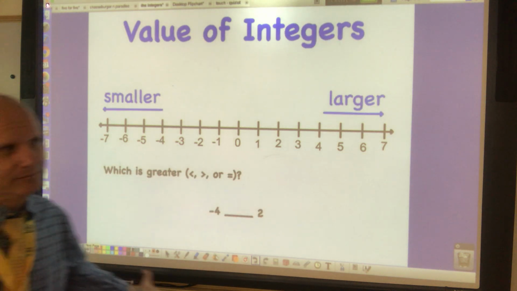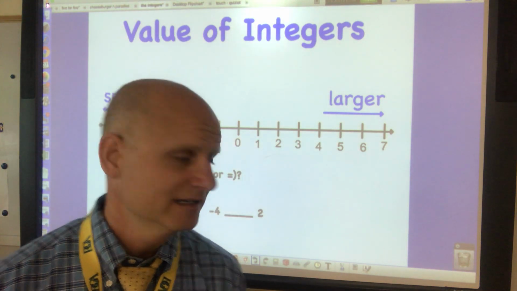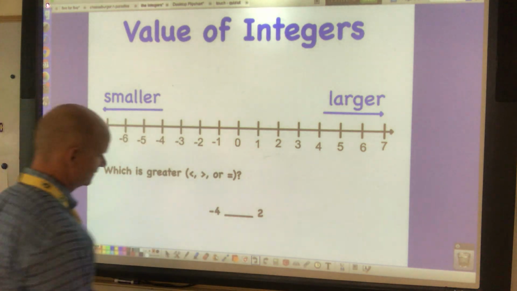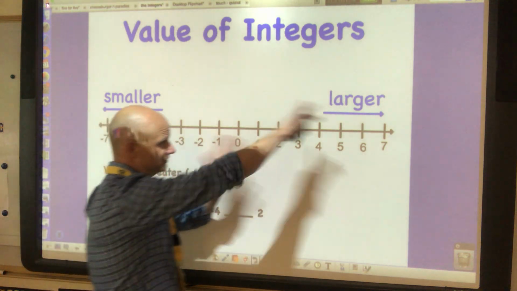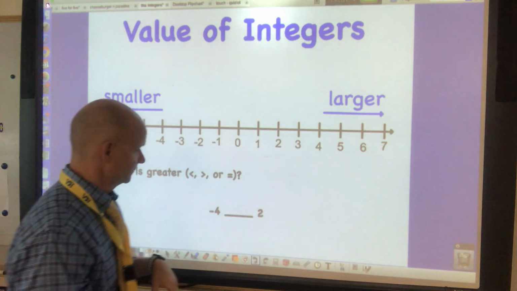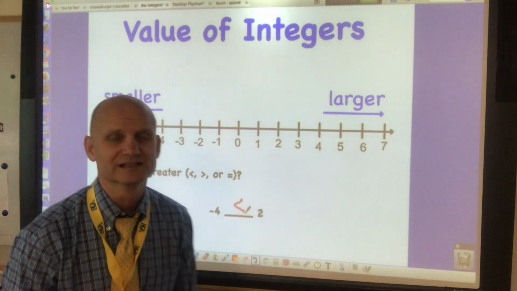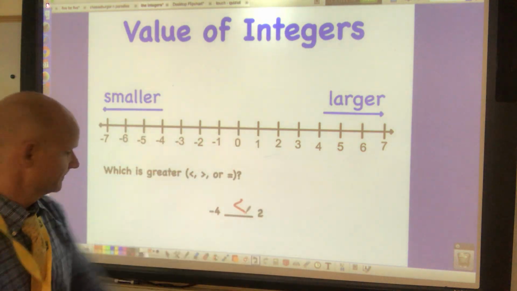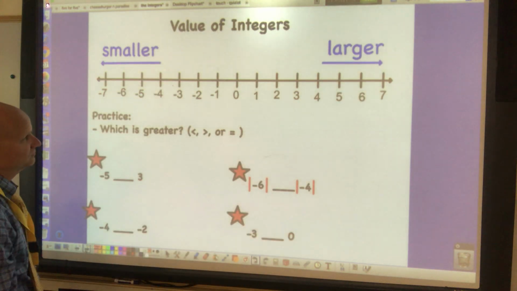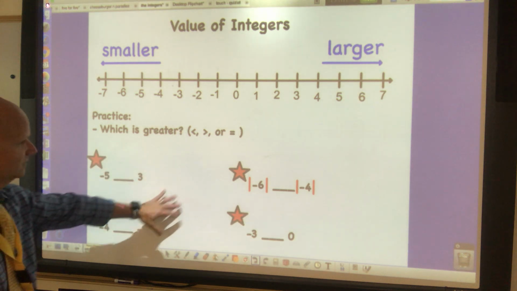Again, the big thing on your assignment is comparing, knowing which is greater than, less than. As you go this way on the number line, the value gets larger and larger. So 2 is greater than -4. Here's what I would like you to do: press pause and solve these 4 questions.